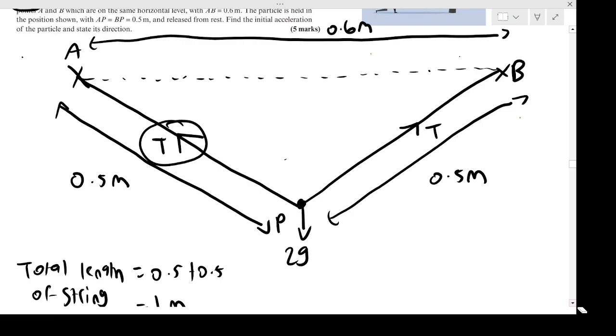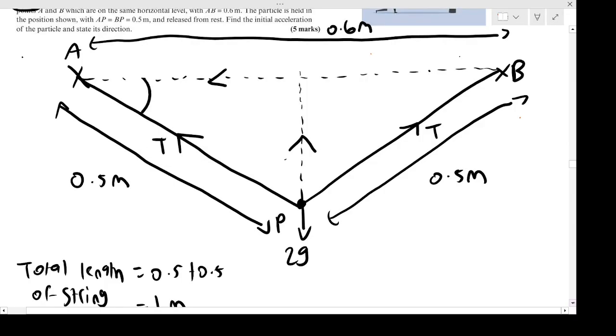What we need to do is then put the tensions vertically and horizontally. So if we do it like this, okay, then what we can do is split up firstly the tension here on the left. Well, if we're going up like this, we can go vertically up here, then to the left here.